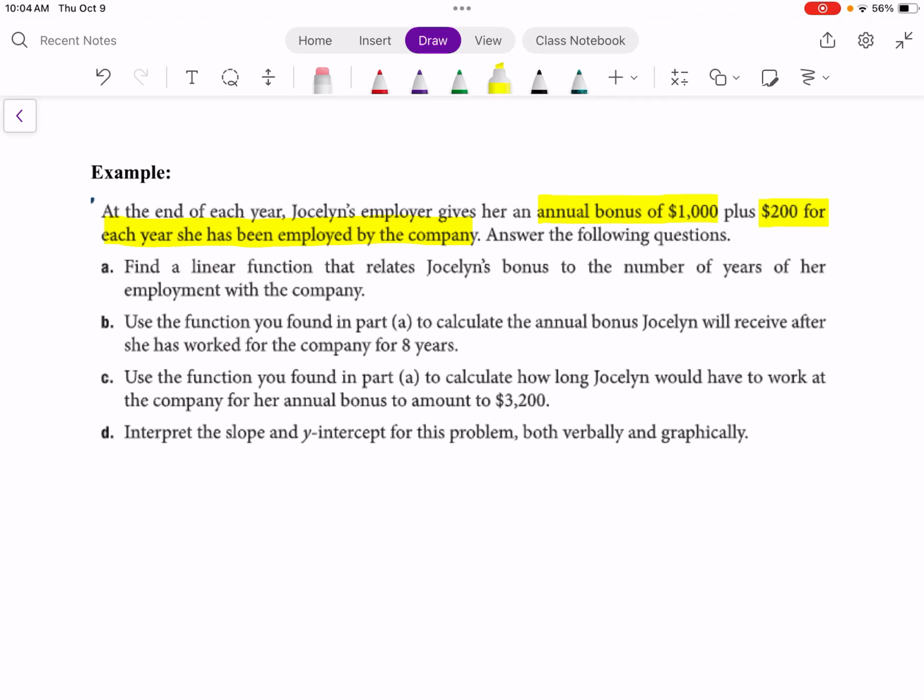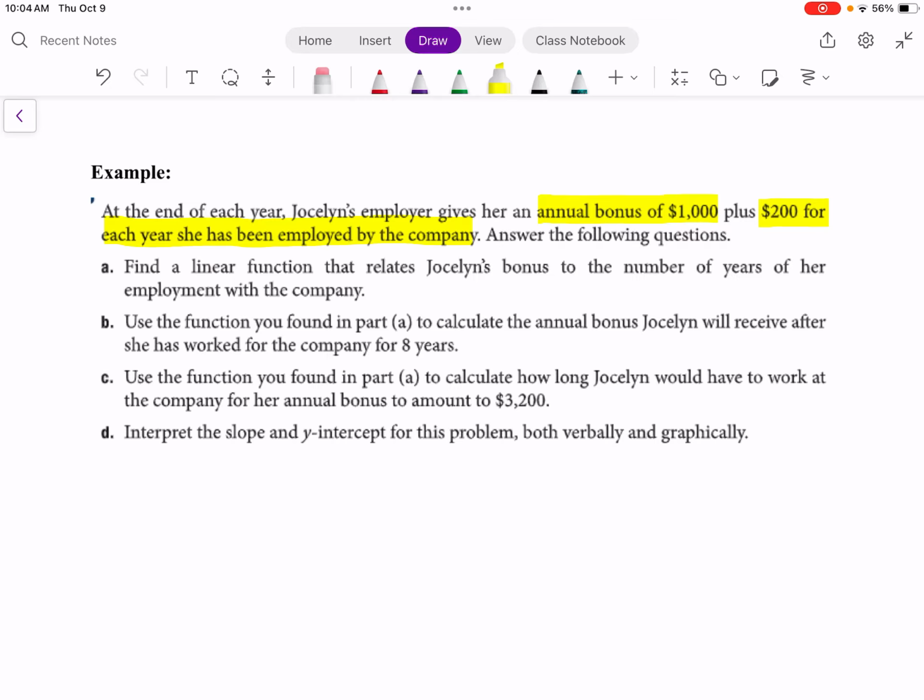So if she works in the company for 1 year, her bonus is $1,200, right? And after 5 years? It will be 1,000 plus 200 times 5, so it will be $2,000, right?